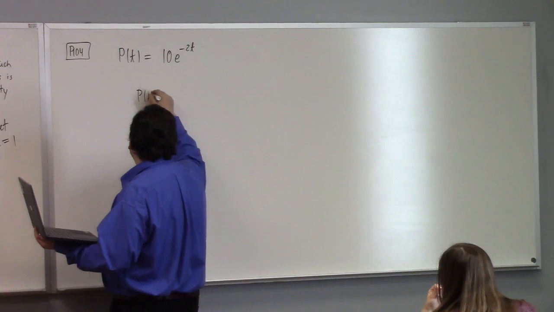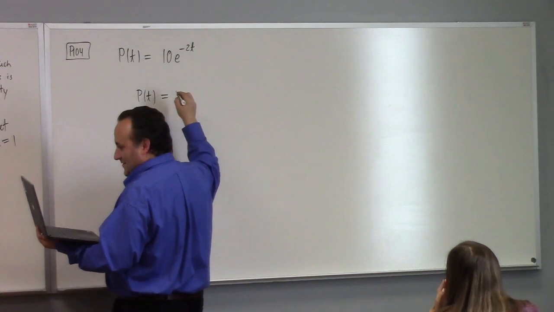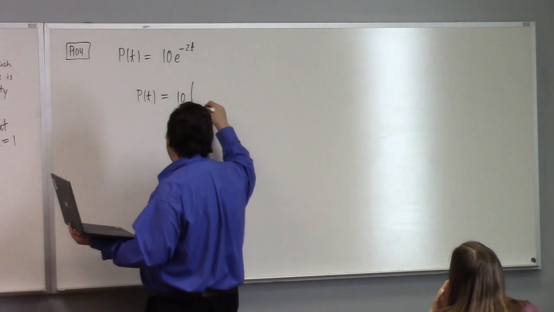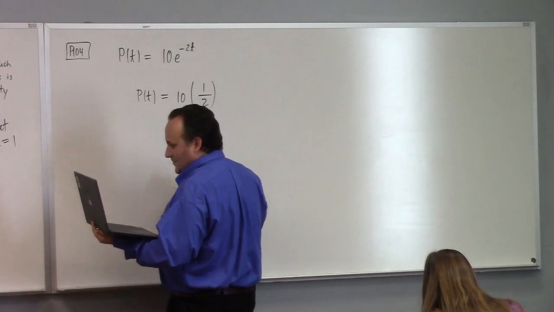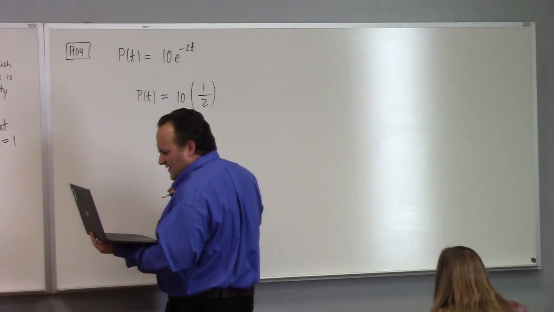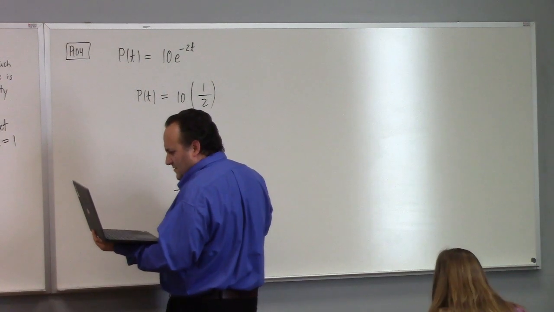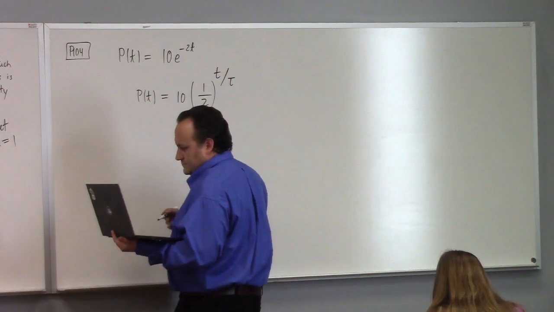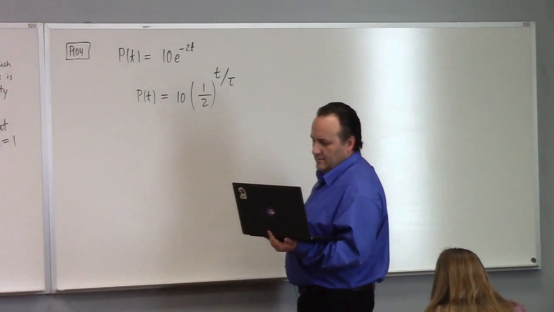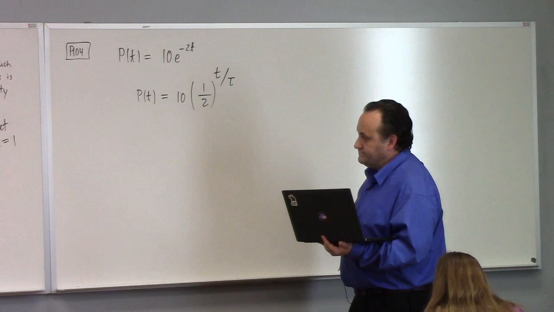Let's see here. 1/2. T over tau. All right. What is the value of tau?